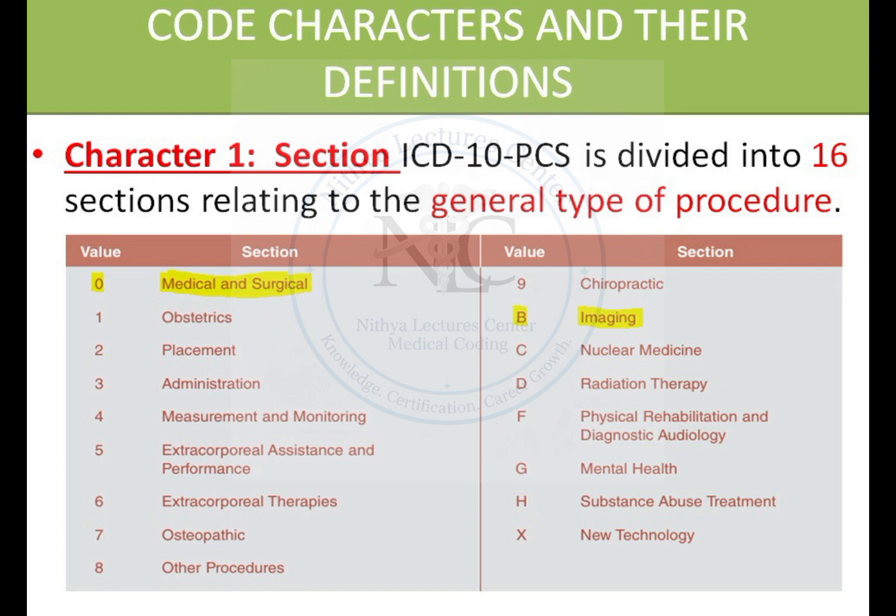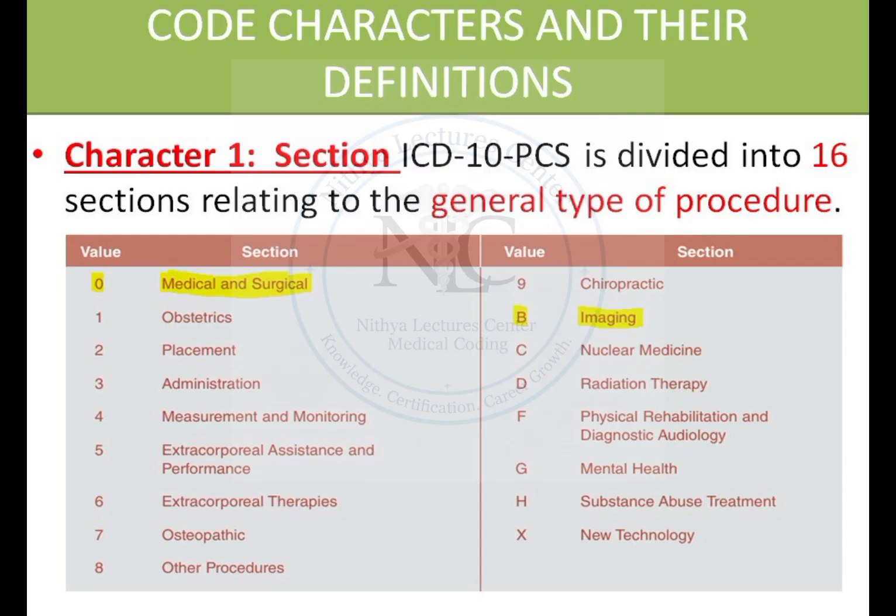And number 4 is measurement and monitoring. It is like checking how the body is working, like a heart rate test. And number 5 is extracorporeal assistance and performance. Procedures like dialysis come under it.